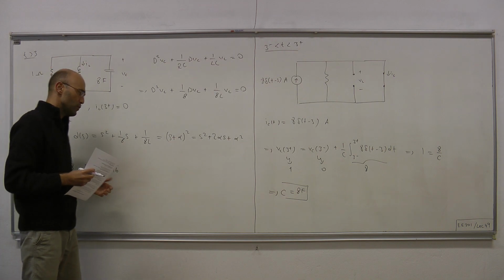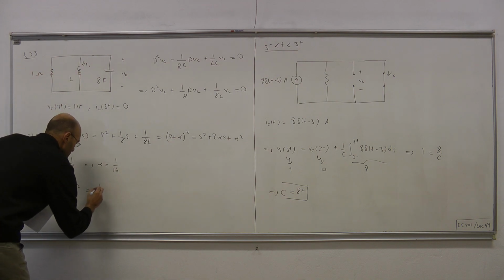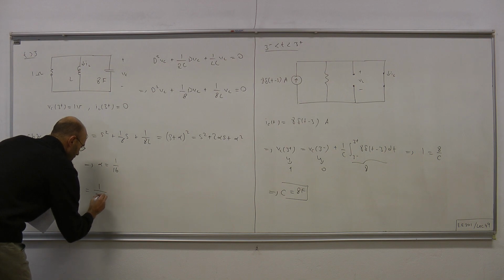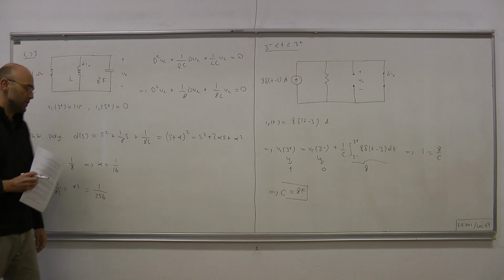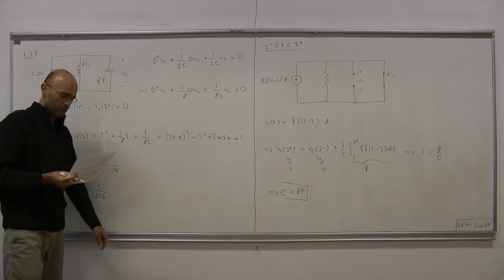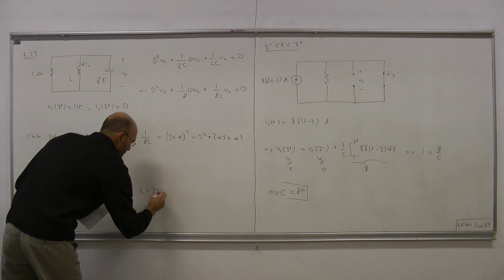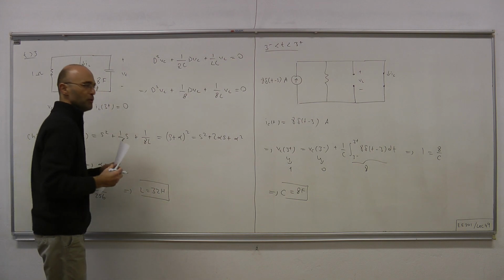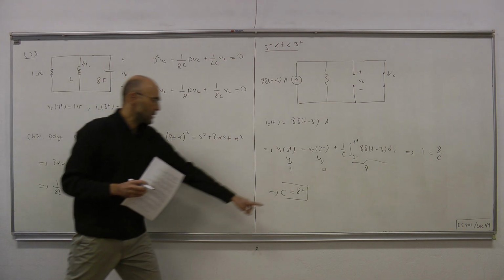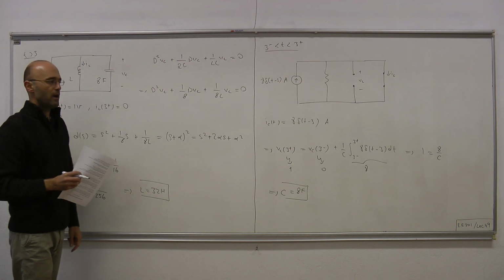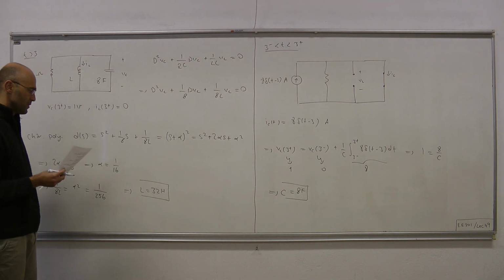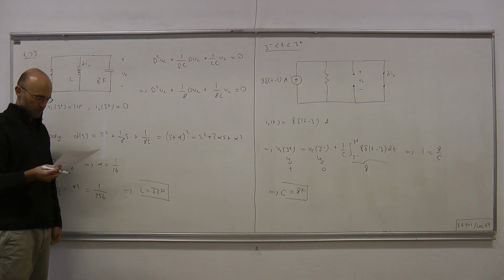Alpha is now computed as 1 over 16, therefore this must equal 1 over 256, therefore 8L equals 256, meaning that inductance must be 32 henries. Now we have figured out the circuit parameters, capacitance 8 farad and inductance 32 henries.